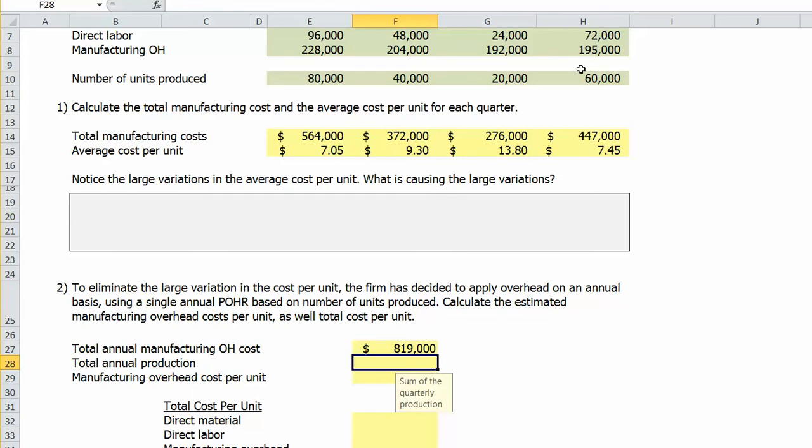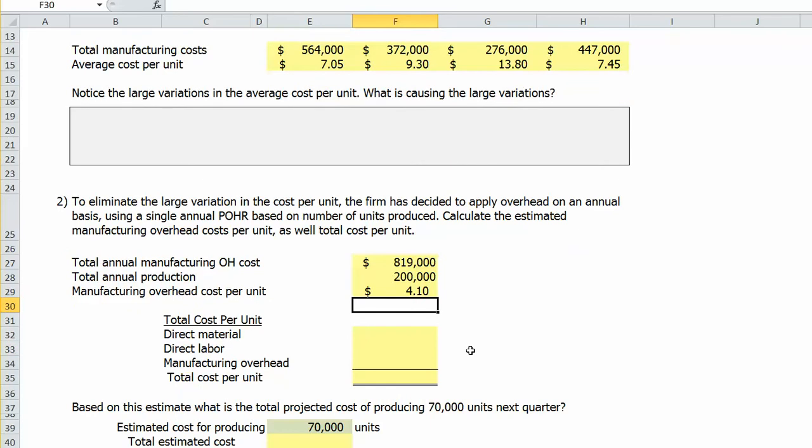Our total annual production, again, we'll just take the sum of the quarterly productions, the 80 plus the 40 plus the 20 plus the 60 is 200,000. So the manufacturing overhead cost per unit will be $819,000 divided by 200,000 units, or $4.10 per unit.